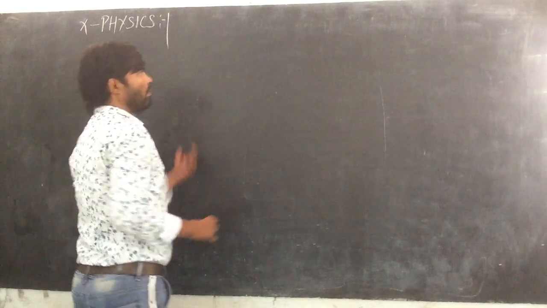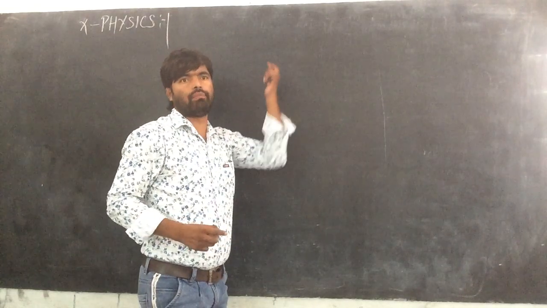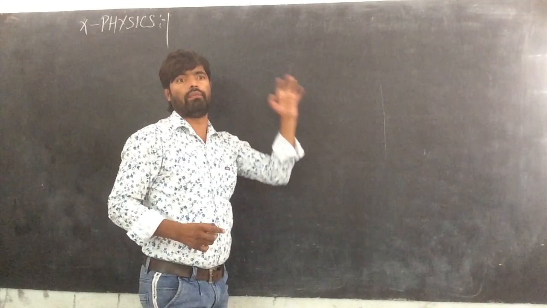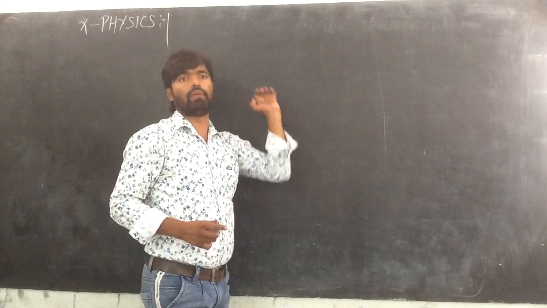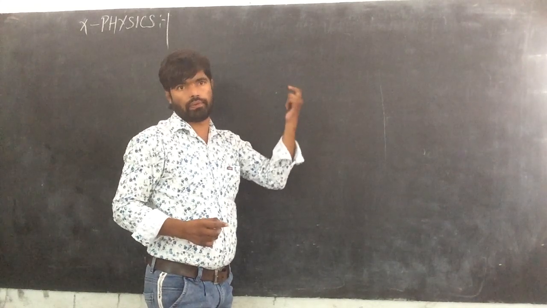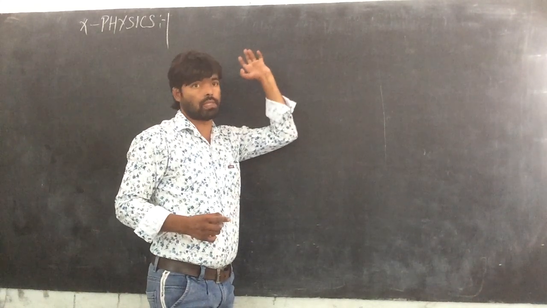Next, sign convention rules. We came across the same idea in the case of light: when to take the positive and when to take the negative for the u value, v value, f value. We discussed it in the concept of light.